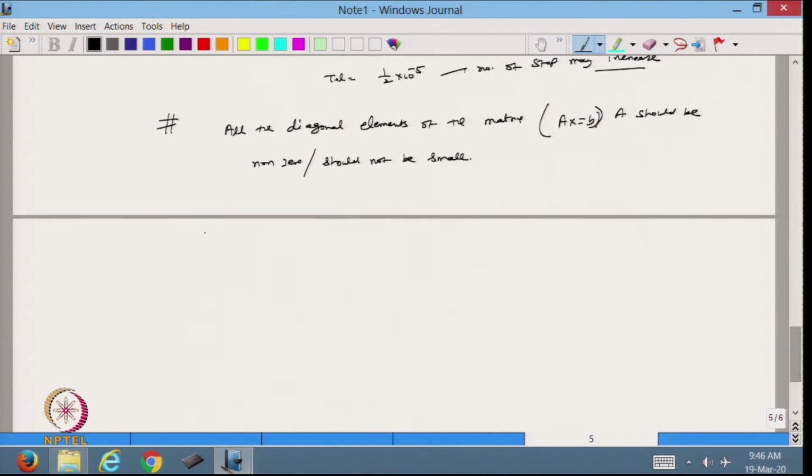So, to eliminate this type of possibility, we want that whatever matrix A we are choosing should be diagonally dominant.